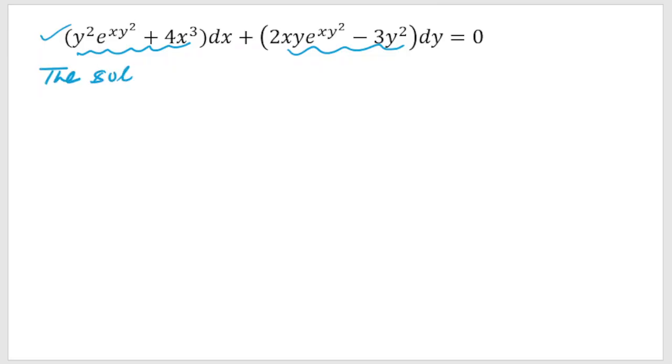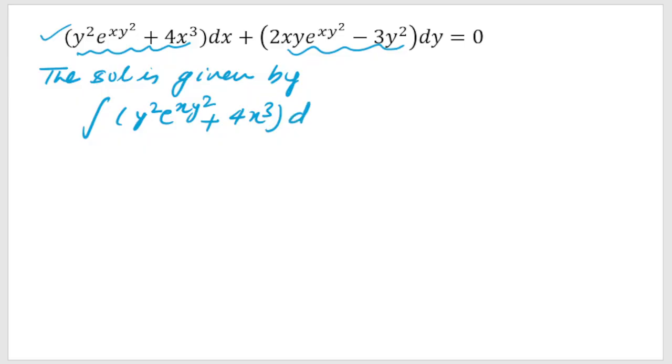The solution is given by, and what is the expression? You take M, this whole thing, y square e to the power xy square plus 4x cube, and we have to integrate it with respect to x, but in this we have to keep y as constant.